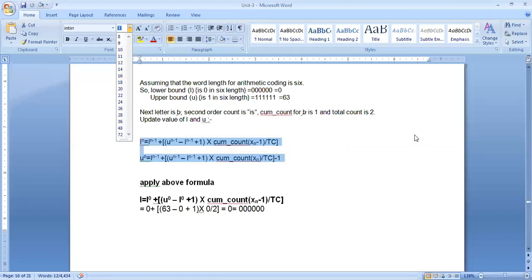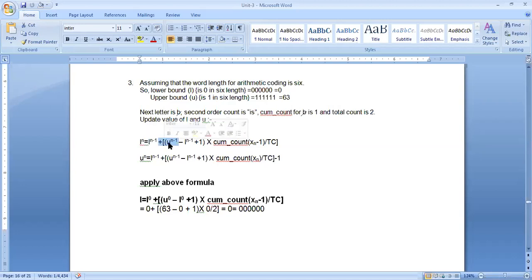Here L to the power n, means lower bound for the next level, is equal to L to the power n minus 1, means the lower bound of previous values (n is the next value and n minus 1 means previous values), plus upper bound of previous value minus lower bound of previous value plus 1, multiply cumulative count for xn minus 1, divided by total count.